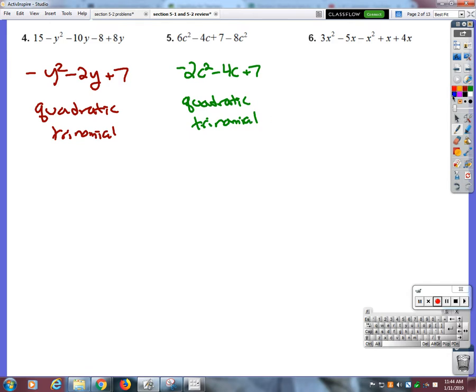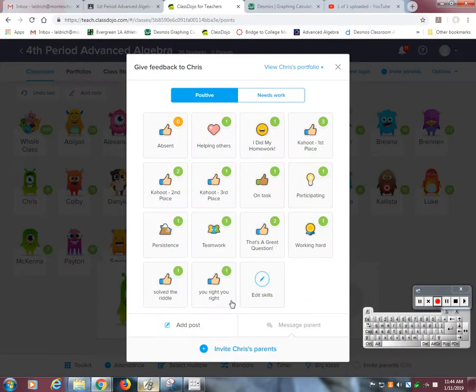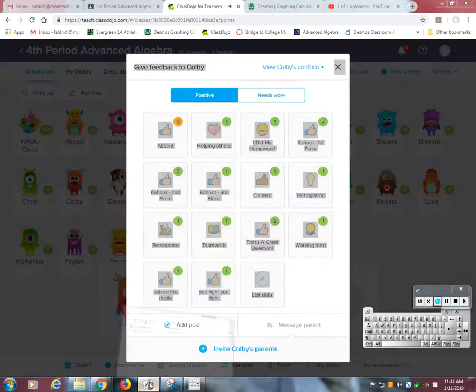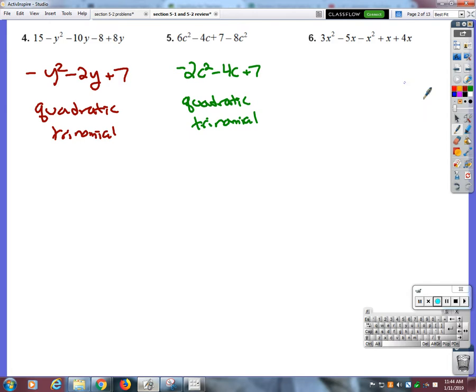All right, and then the last one of these. Colby, what do you get when you combine the x squareds here? Awesome. And what do you get when you combine negative 5x, x, and 4x? They actually all cancel, so it's just 0. So when the numbers cancel, the x's cancel also, okay?